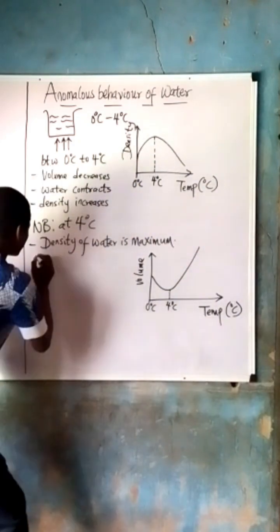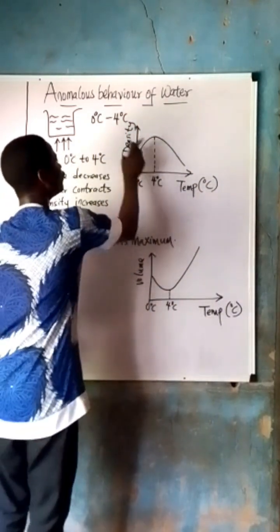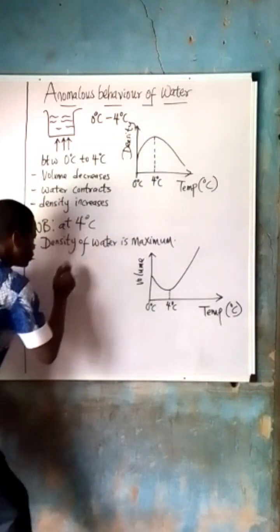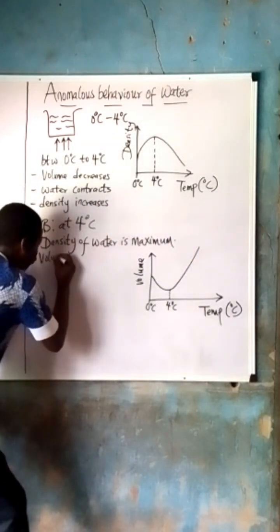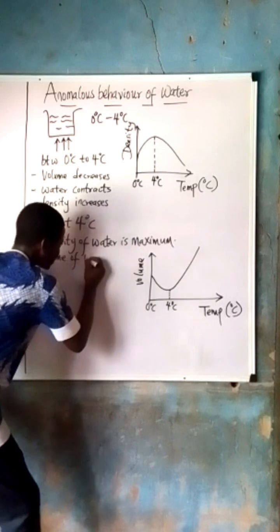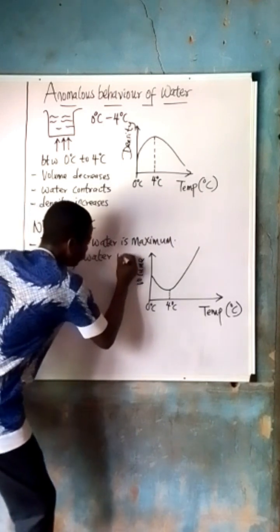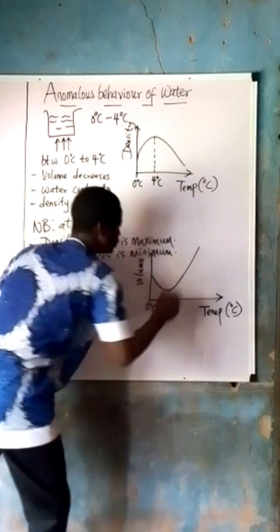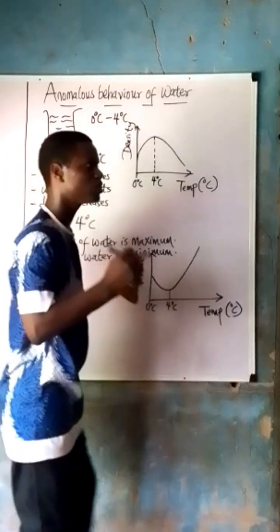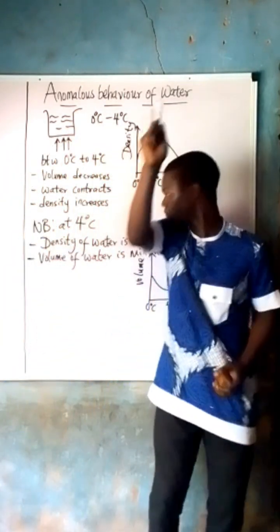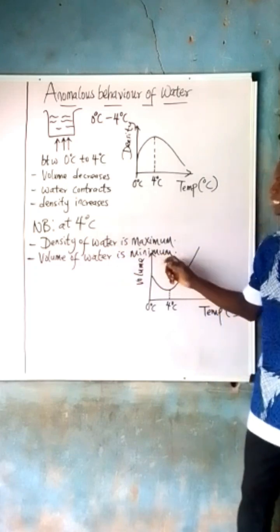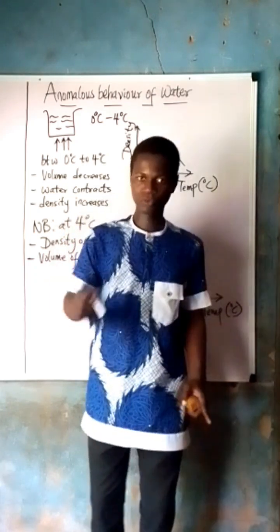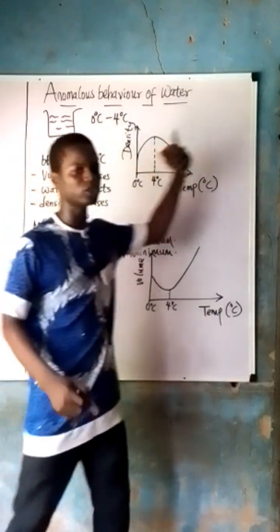So we can say that apart from density being maximum at 4 degrees Celsius, the volume of water is minimum. This must be noted that at 4 degrees Celsius, two special events happen. One, the volume of water is minimum, and two, the density of water is what? Maximum. So this is it for anomalous behavior of water.